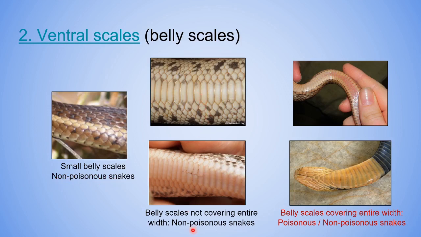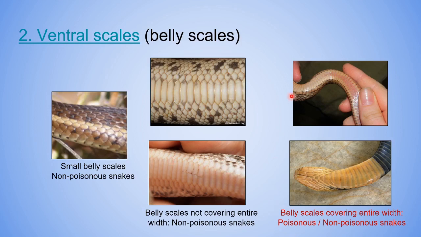Another feature of a non-poisonous snake is where the belly scales do not cover the entire ventral width. You can see here the middle row of scales, and on both lateral sides you can see smaller scales. This is also a feature of a non-poisonous snake.